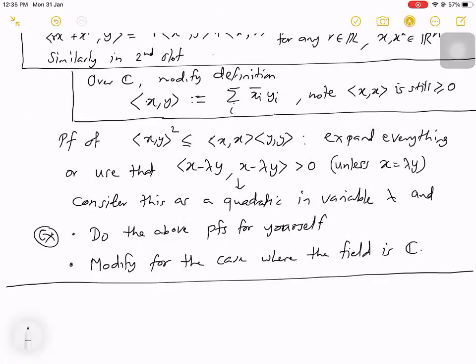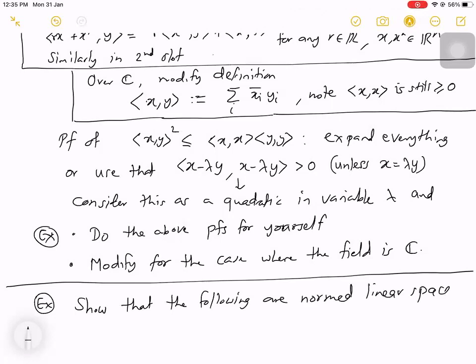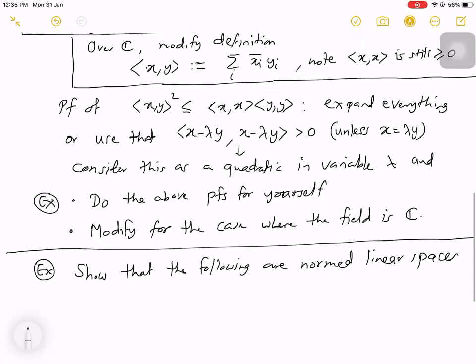So, all right, some more exercises. So let us say, show that, so one is L infinity.